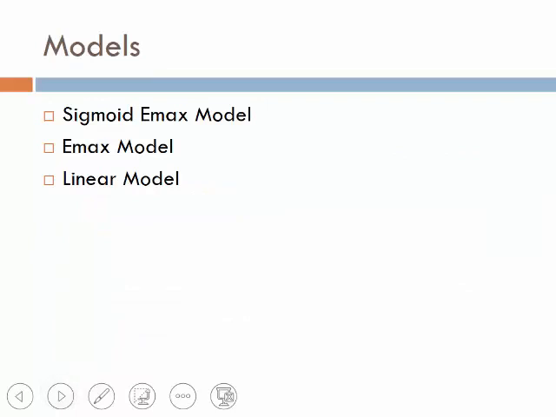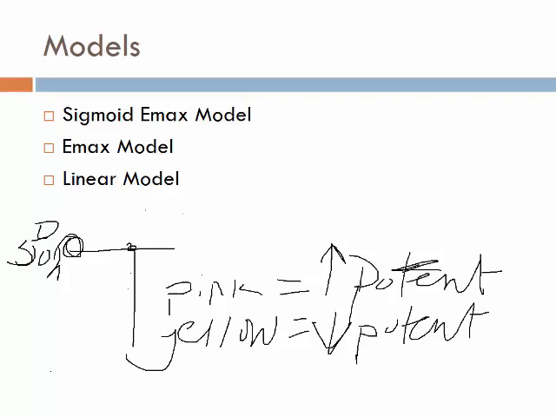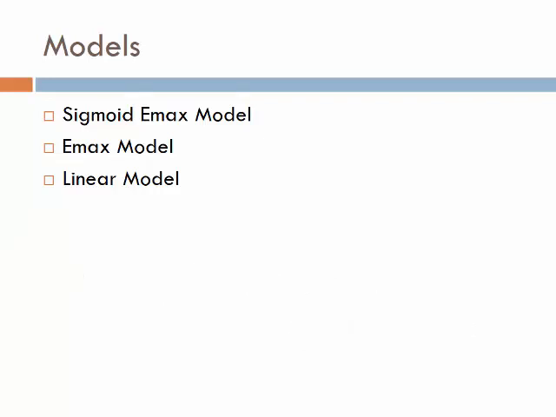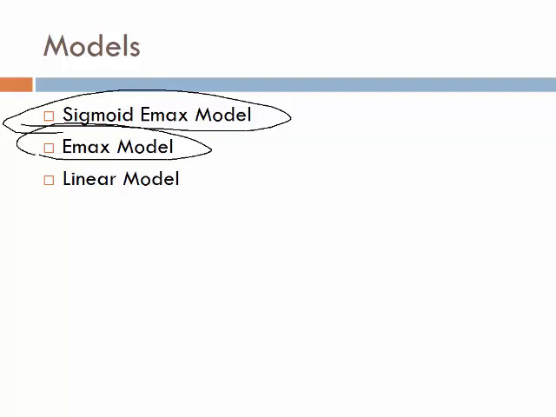Okay, that's going to be it for this. In the next video we're going to get into the different models that we can see, starting with the most complex model, which is the sigmoid Emax model. Then a little less complex, and we're going to finish off with a linear model.